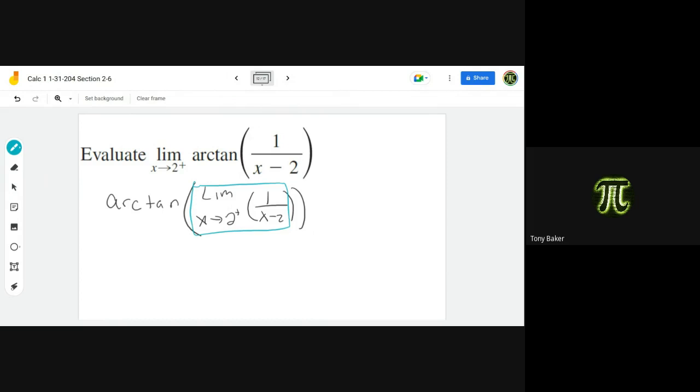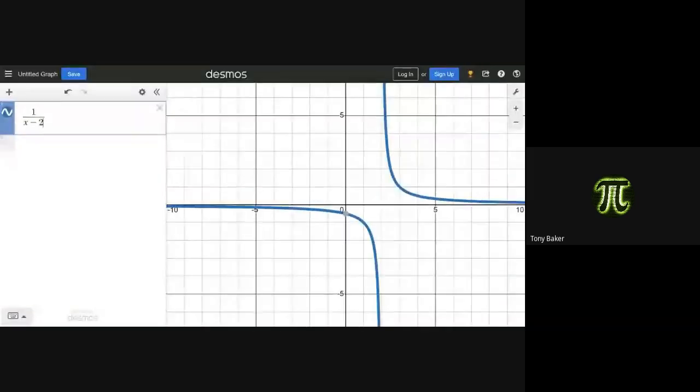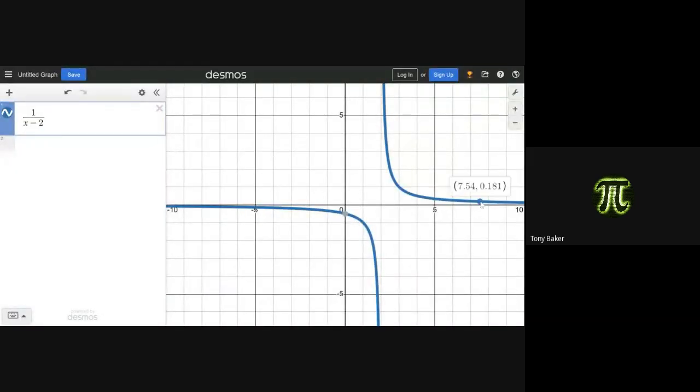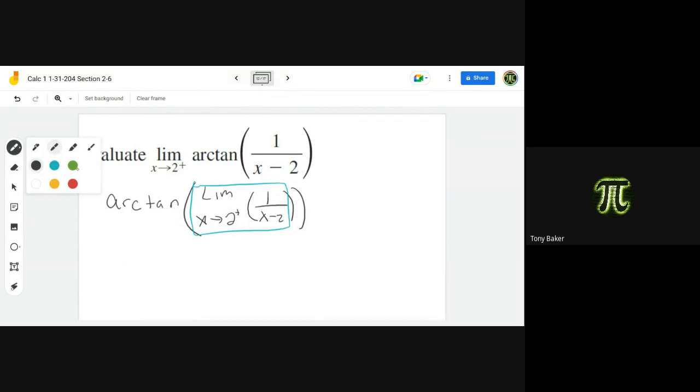Is it going to infinity, right? Yeah, it's getting closer and closer to 0 at the bottom. So if you have 1 over 0, you're going to what? Infinity. So this one was x minus 2, right? If we're looking at this as my graph, because it was 2 positive, we're coming from this side. We're getting closer and closer to, in essence, infinity. So that piece inside goes to infinity.